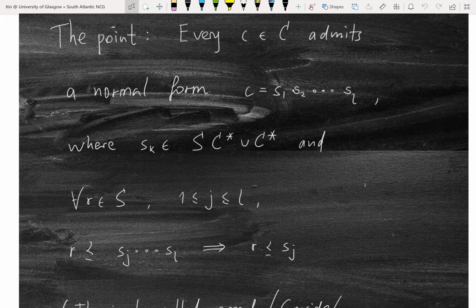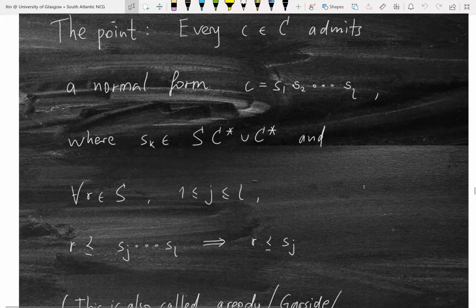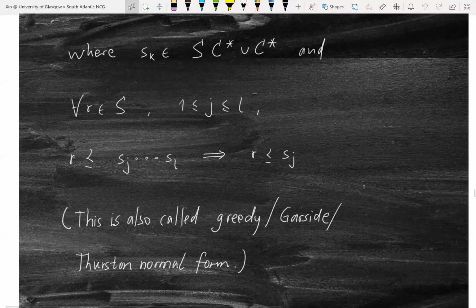And then you do the same thing for the rest. You take out the biggest divisor in S you can find in the remainder. After finitely many steps, it will stop, and it will give you a normal form product description for C. And there's a certain way to say that two such normal forms are unique if they describe the same element, and so on. This has various names, called greedy normal form, or Garside normal form, and so on.